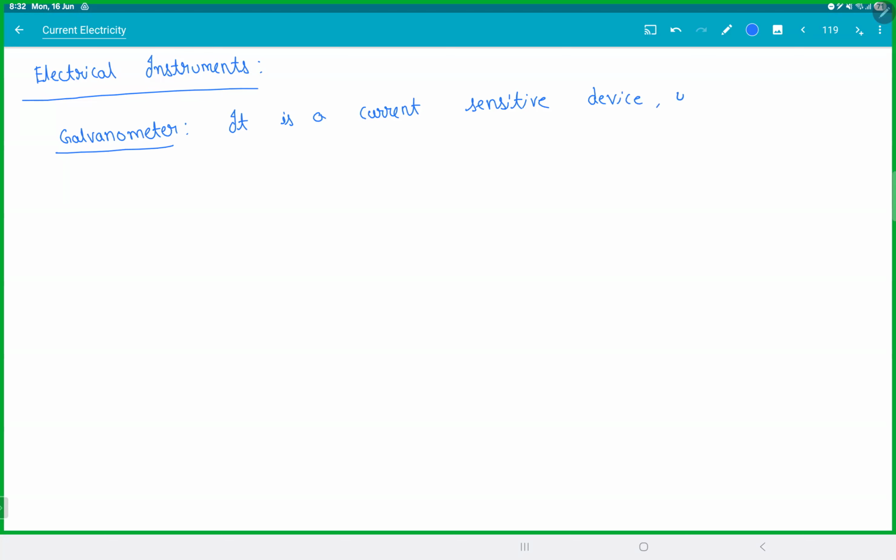Where the current flowing to the galvanometer is proportional to the angle deflected by the needle.